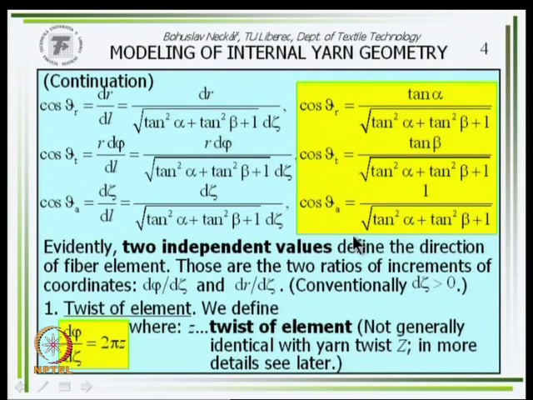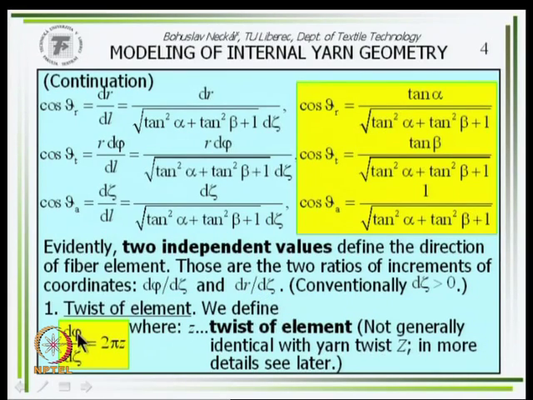Not too difficult. It's only the description of the geometry of the fibrous element. It's evident that two independent values define the direction of the fiber element. We use one value, d phi by d zeta, and the second, dr by d zeta.